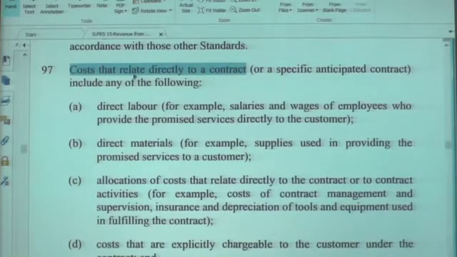Here, costs that are related directly to the contract. These costs will be debited into the contract asset. Direct labor, direct material, allocated expenses and costs that are explicitly chargeable to the customer. Is that clear? These are the costs that can directly be charged to the customer. Therefore, you will debit into the contract asset account.